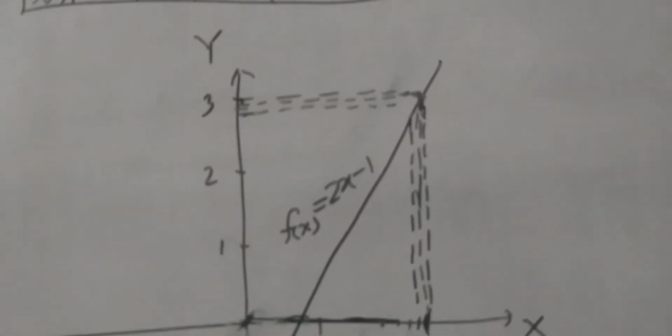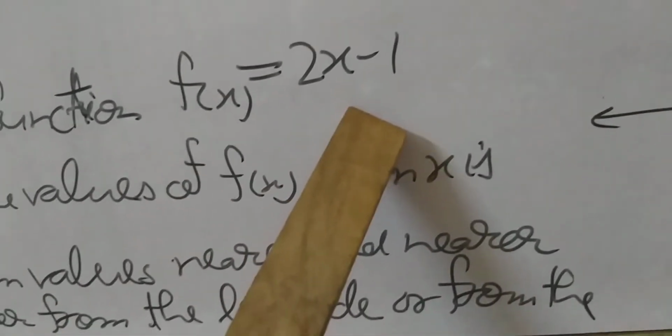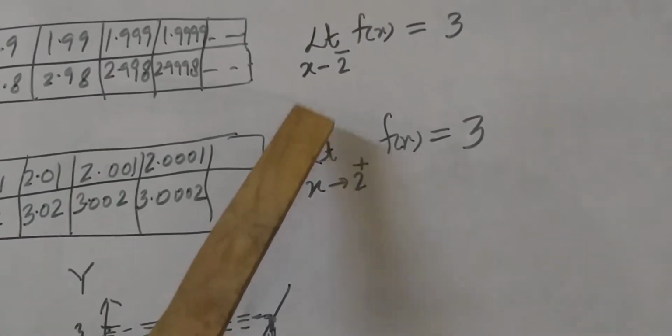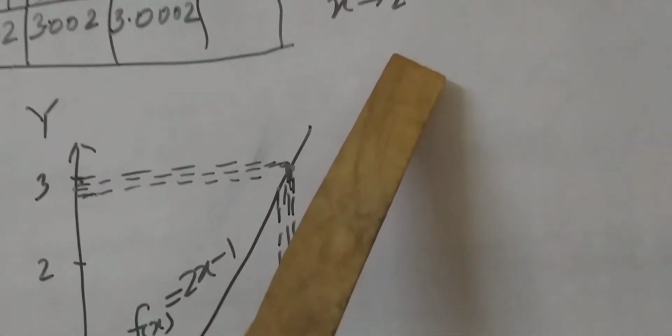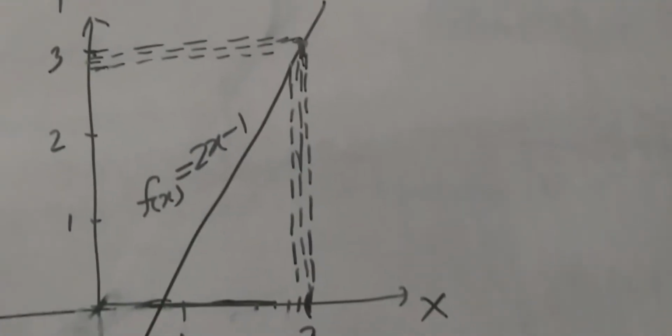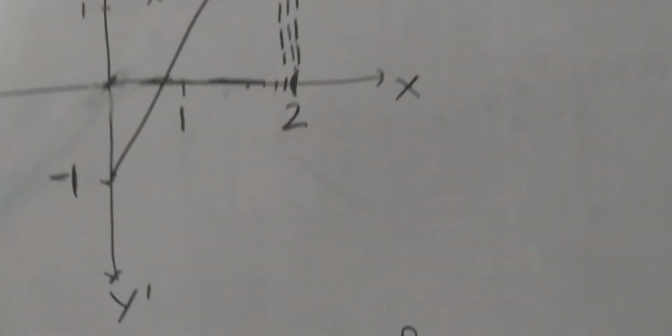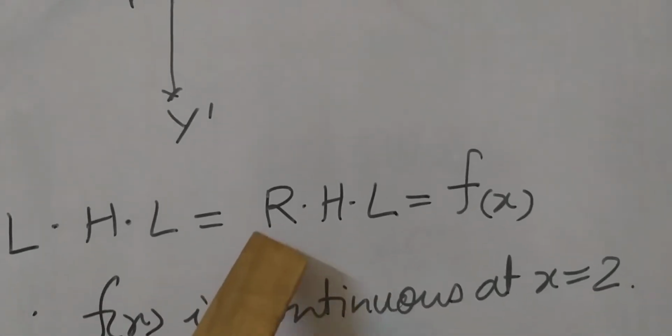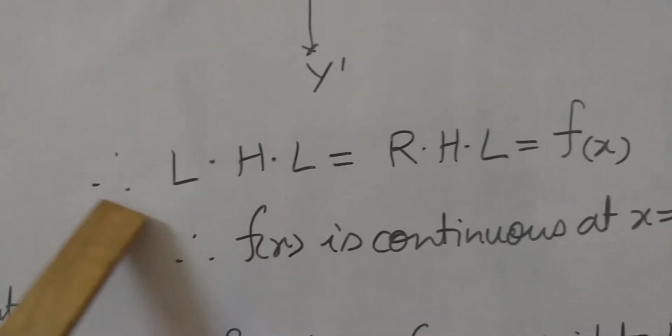And students, if we put directly in the function x equal to 2, 2 into 2, 4 minus 1, 3. So in all the cases, left hand limit, right hand limit, and at exactly 2, the value of the function is 3. It means LHL equal to RHL equal to f(2). All are equal here, students.